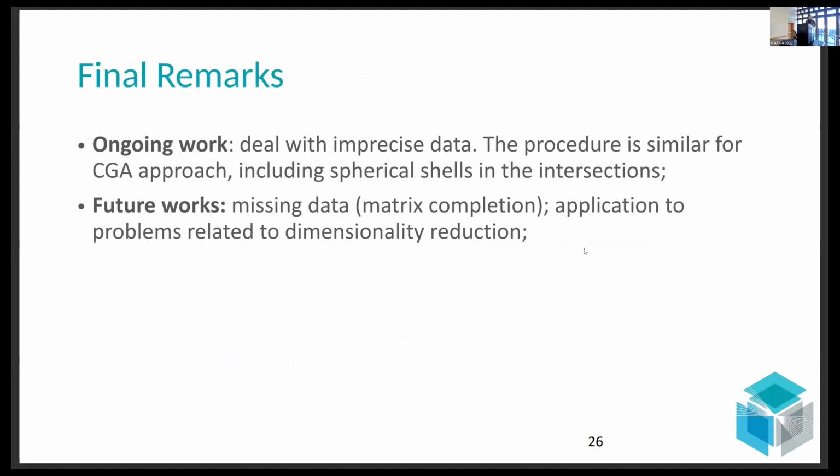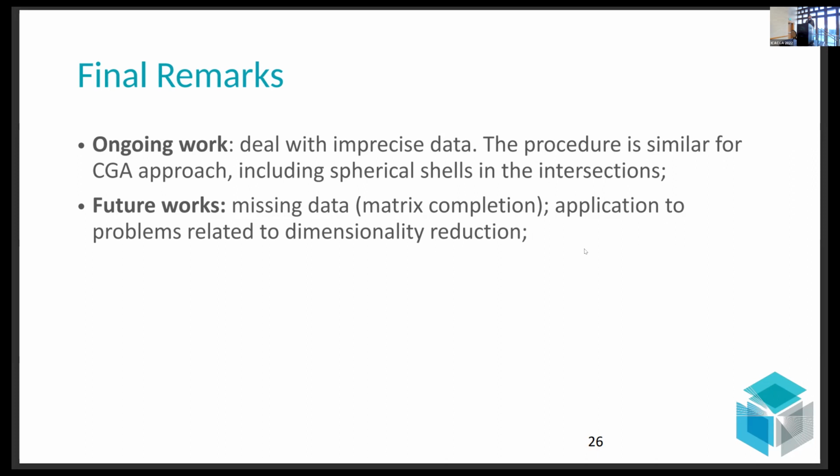So what we are doing now, what Vinicius is trying to do, is dealing with imprecise data in the matrix entries. The procedure seems to be very similar, just adding spherical shells in the intersections.